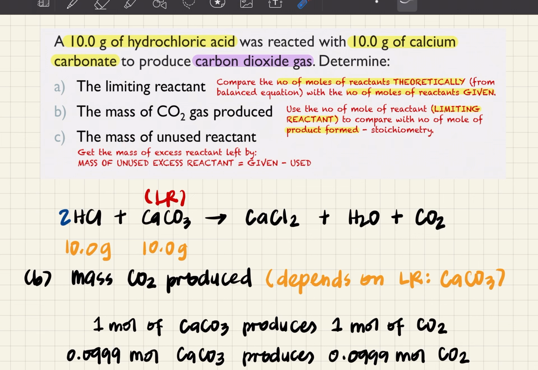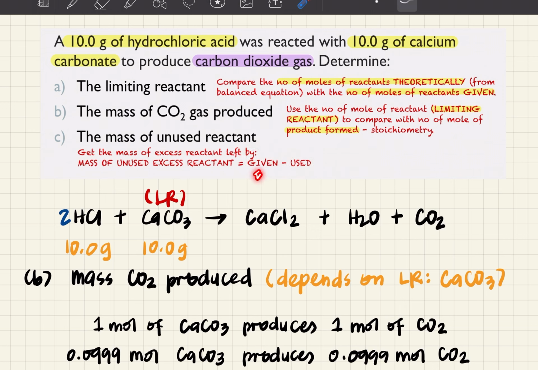Okay, alright, so lastly, the question wants you to determine the mass of unused reactant. So unused reactant maksudnya awak punya excess reactant lah. Berapa banyak dia tinggal? Okay, siapa excess reactant kita tadi tu? Siapa? Antara dua ni, siapa? HCl. Okay, so to find the mass of unused reactant, okay, we will minus the given amount of reactant with the used amount of reactant.